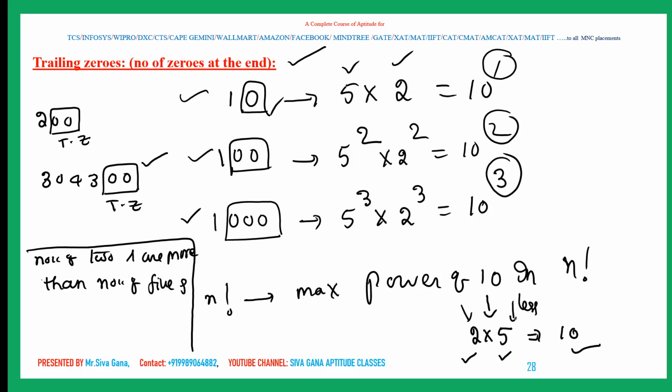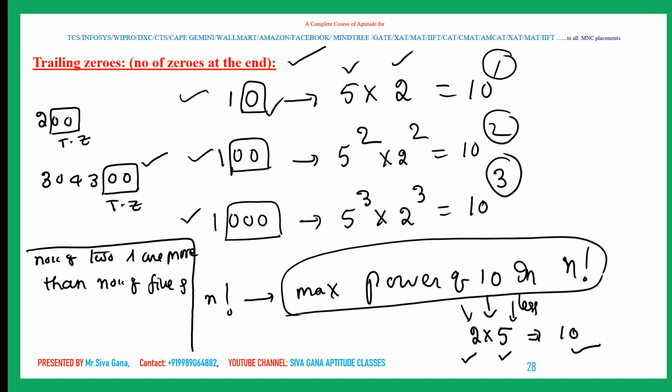So what the overall concept is, whatever the power which is less, that many number of zeros are available. In general, in any factorial, number of 5s are less. So it is enough to calculate the maximum power of 5 in the factorial to get the number of trailing zeros.